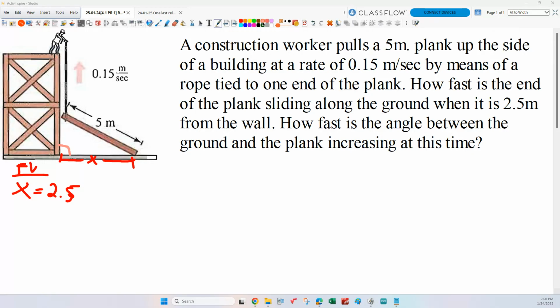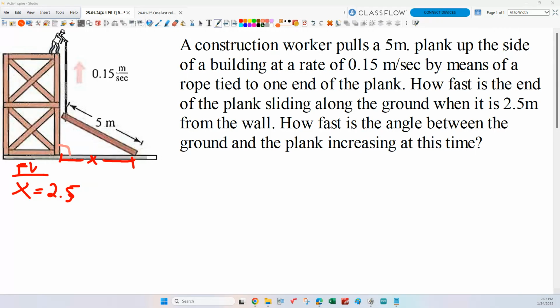So the left edge of that plank is sliding up the, whatever that is, the scaffolding, I guess, right? At a rate of what? Okay, so what is that? Okay, yeah, it's got to be a dot, doesn't it? Because it's a rate. So what else do we need in our picture?